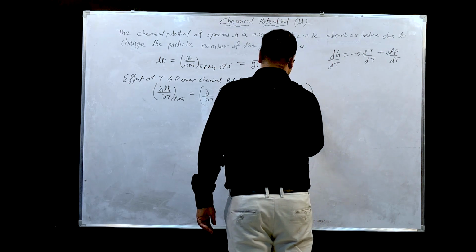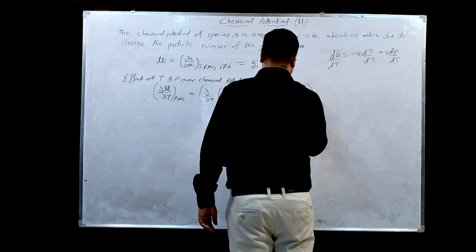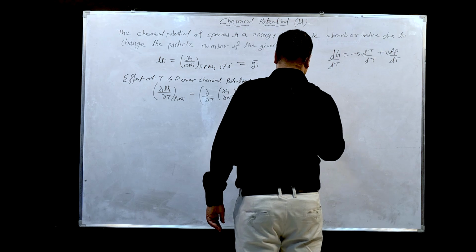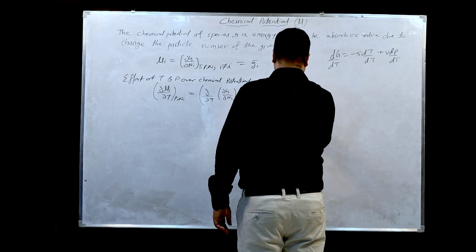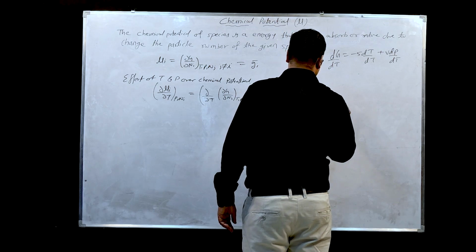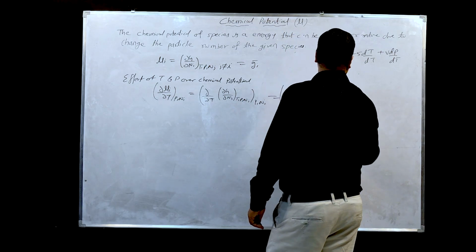I will rearrange ∂μi/∂Ni into ∂G/∂T. Here pressure and Ni will be constant, and here temperature, pressure and Nj, where j is not equal to i.